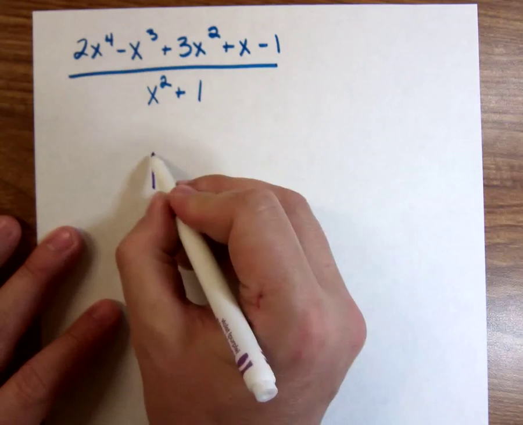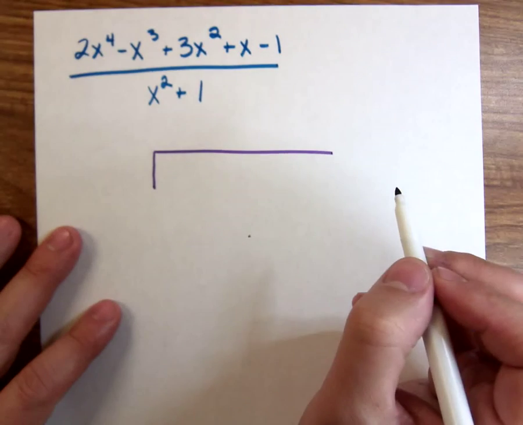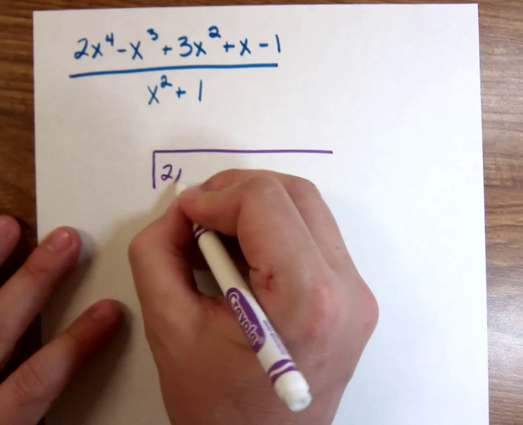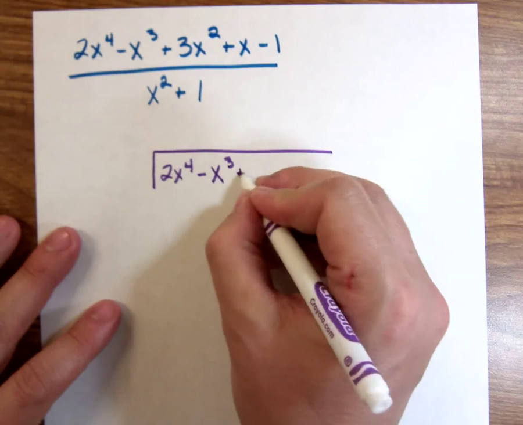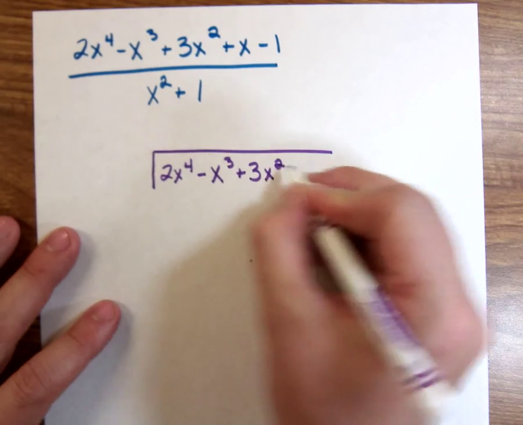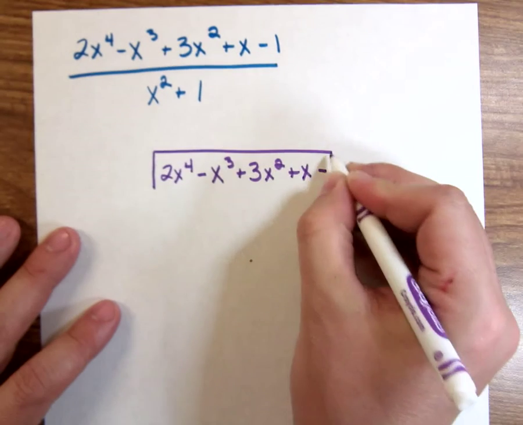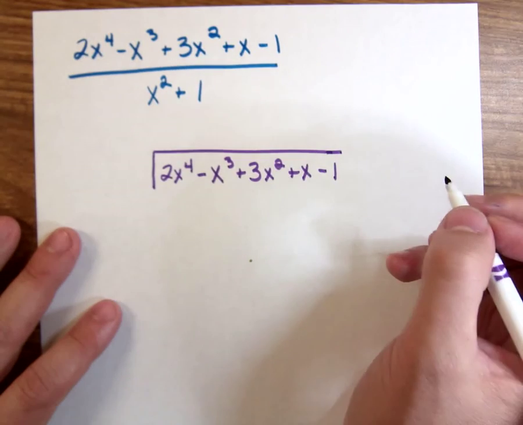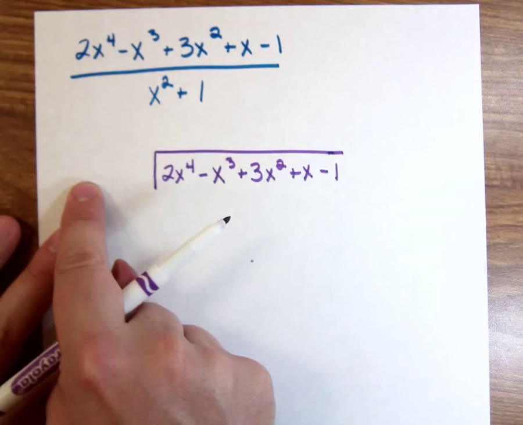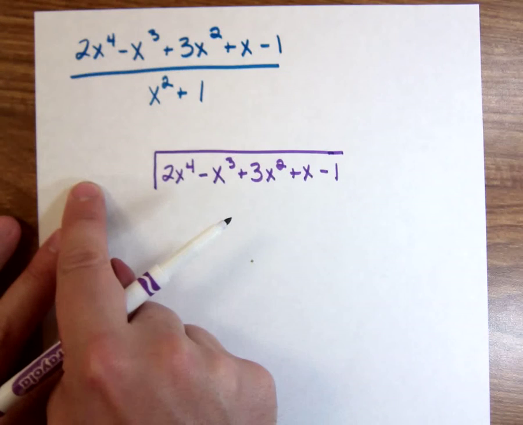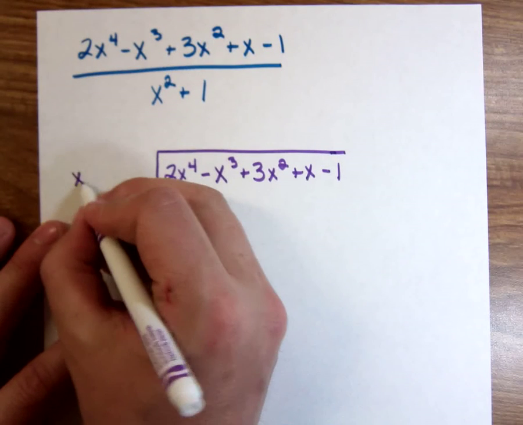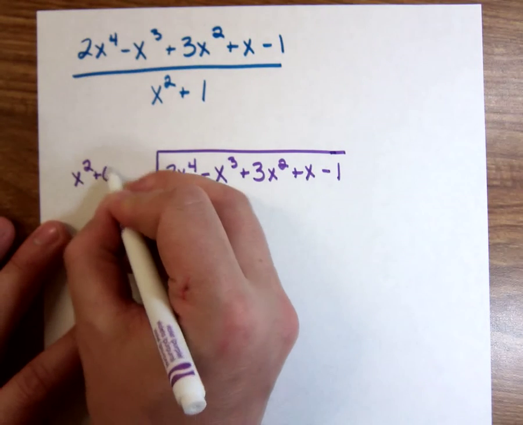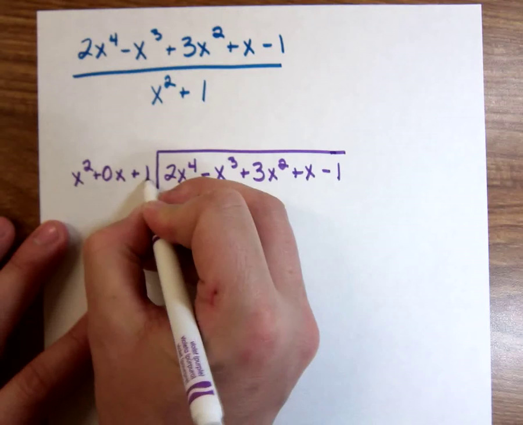But the thing that goes inside the vinculum is 2x to the 4th minus x cubed plus 3x squared plus x minus 1. On the outside, where the x squared plus 1 goes, I have to include the thing I'm missing. I'm missing 0x. So I got to do x squared plus 0x plus 1.